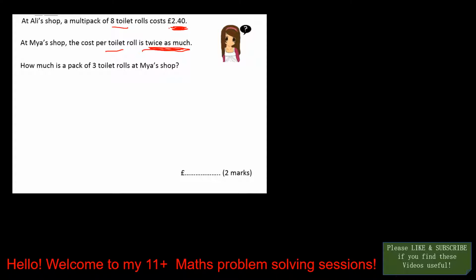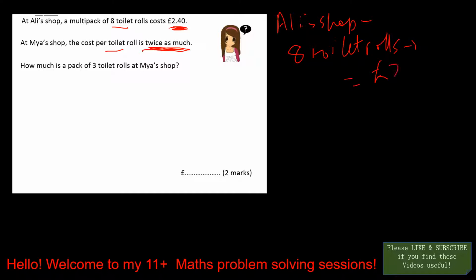So we will say, Ali shop. My writing is a bit messy, excuse me for that. I'm using a horrible pen to write on a computer screen. So at Ali's shop, 8 toilet rolls will cost £2.40.